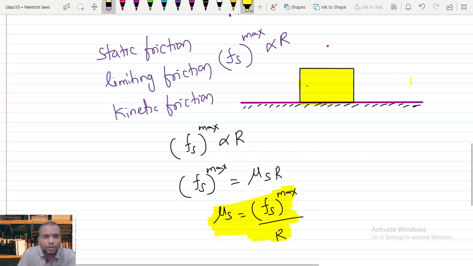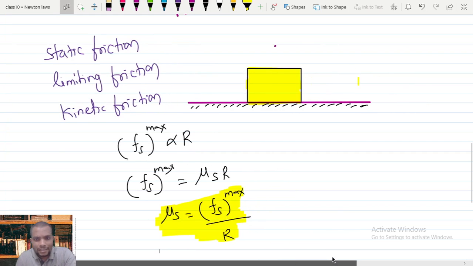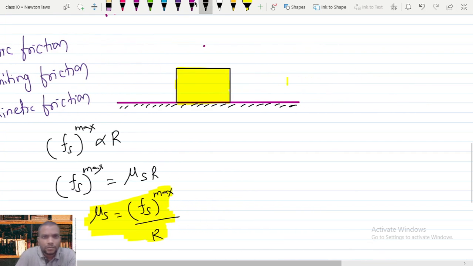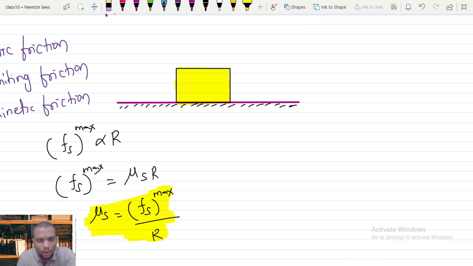But there is another way to calculate the coefficient of static friction. For that we need to take a little trigonometry help, but it is very easy to calculate. Just imagine a block of mass m kept on a table.